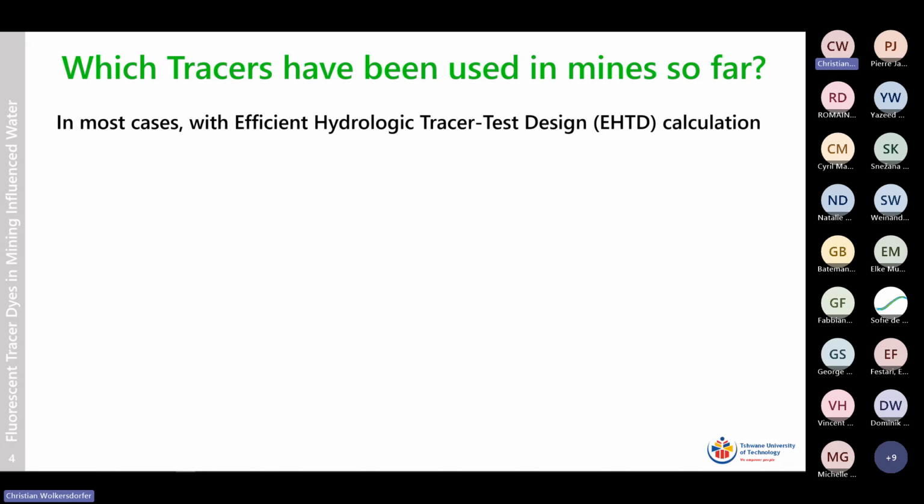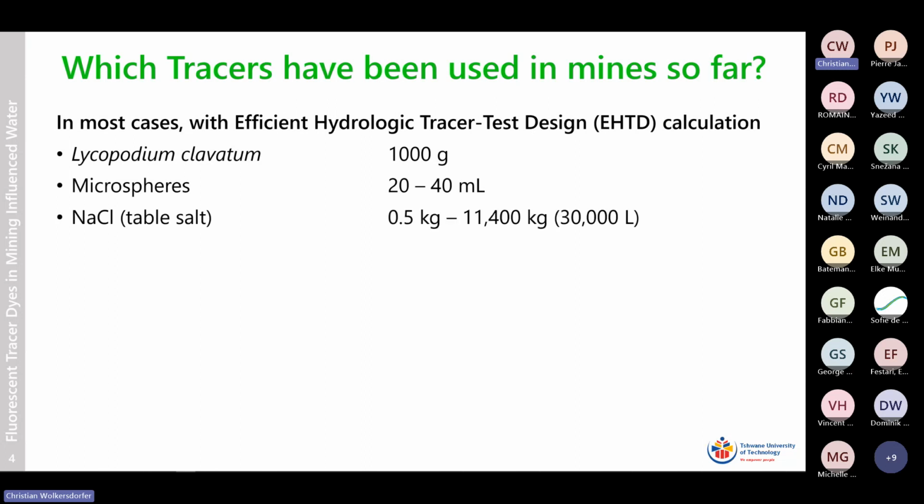This can be used for several types of tracer. For example, in mine water, we used Lycopodium clavatum, the spores, and for the mine water tracer test, we used 1000 gram. Then microspheres, these little tiny balls, 20 to 40 milliliter.